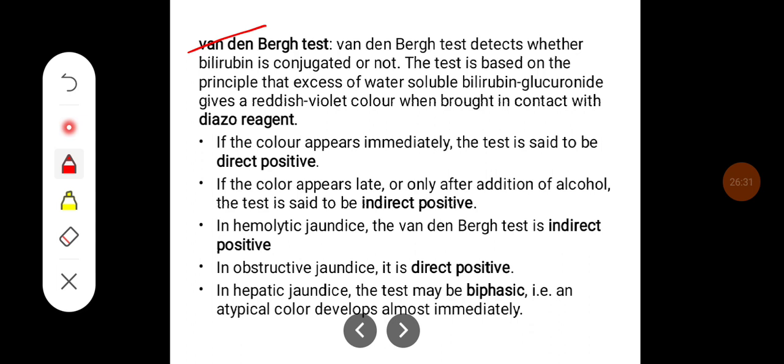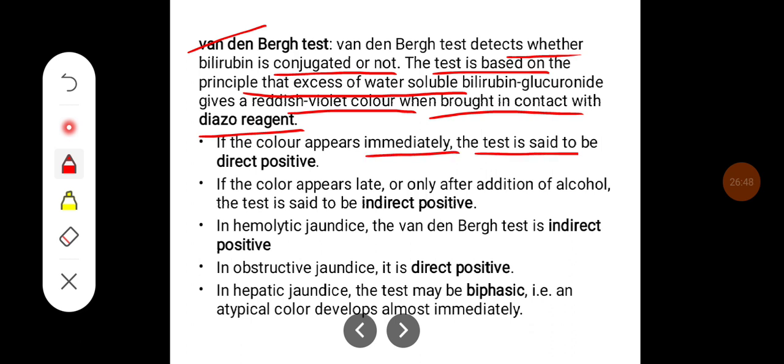The van den Bergh test detects whether bilirubin is conjugated or not. The test is based on the principle that excess water soluble bilirubin glucuronide gives a reddish violet color when brought in contact with diazo reagent. If the color appears immediately, the test is said to be direct positive.